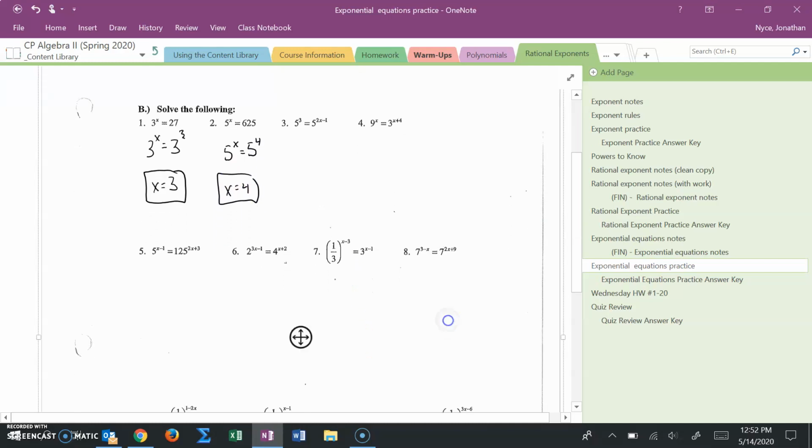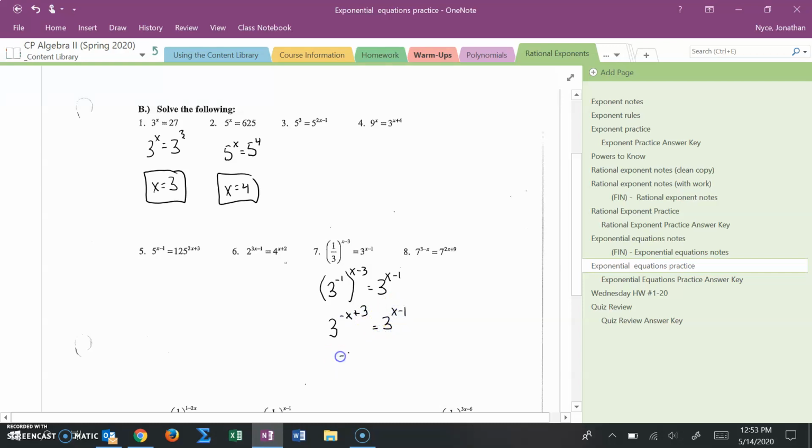If we jump down to number 7, 1/3 and 3, both are powers of 3. 1/3 is 3 to the negative first. That raised to x minus 3 equals 3 to the x minus 1. Power to power, multiply your exponents. Don't forget to distribute.